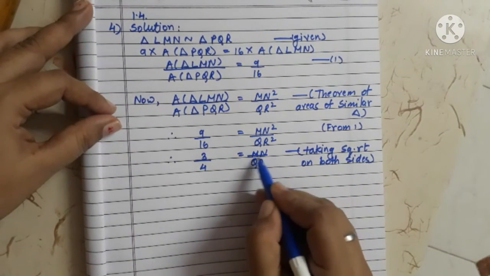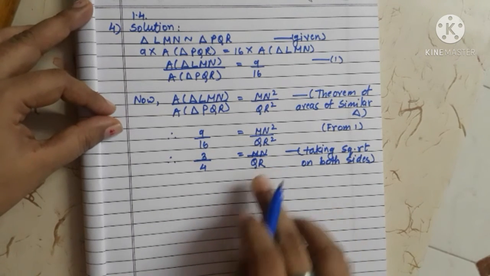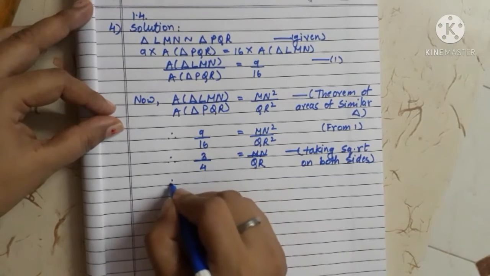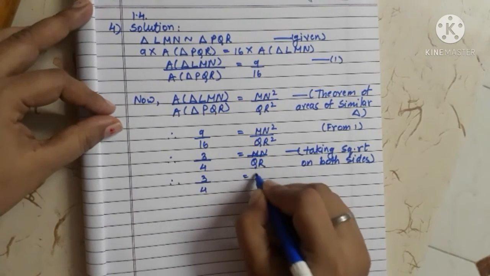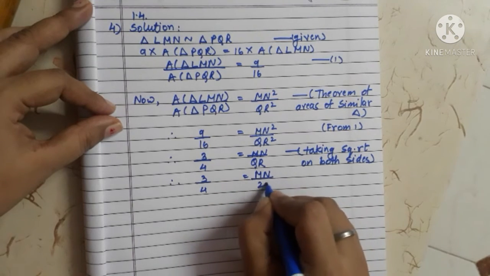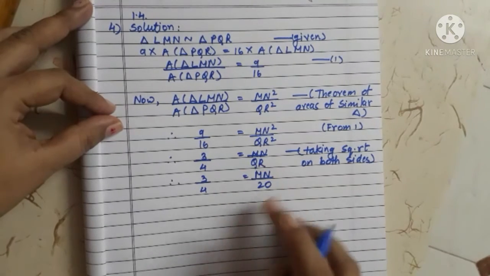In the question, children, you can see QR value is given. QR is given 20. So we will substitute here. Therefore I will get 3 upon 4 is equal to MN upon 20. Now we will rearrange it to get the value of MN.